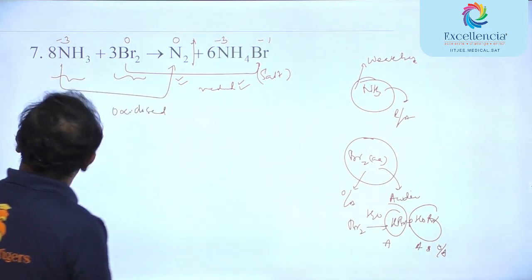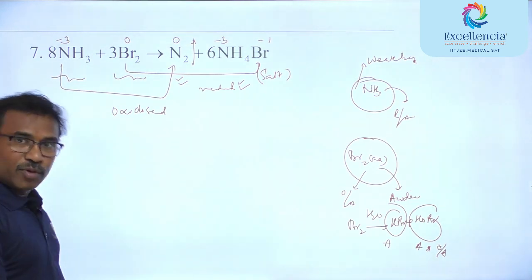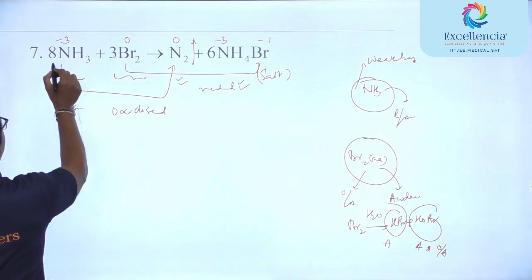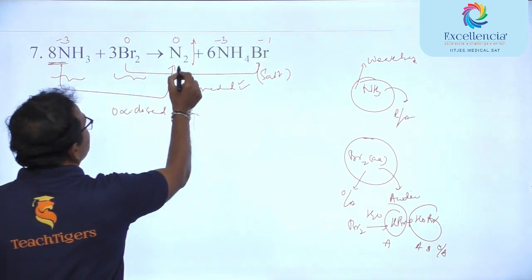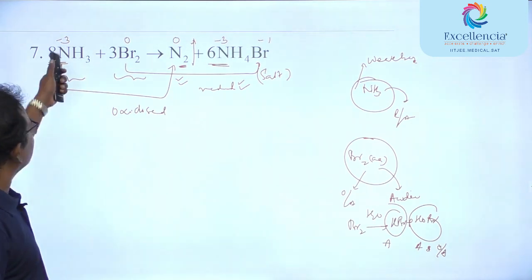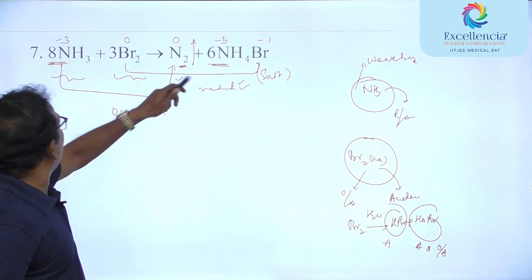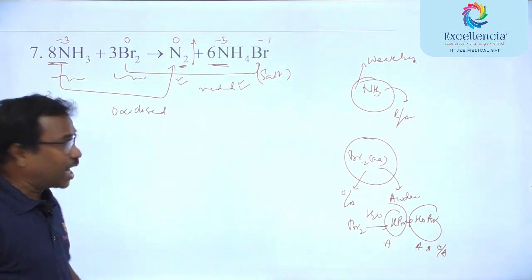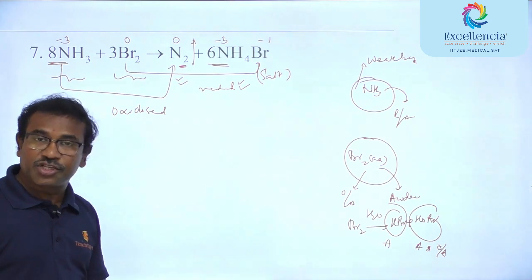However, what else? If you look at the moles of nitrogen, here you have 8 nitrogen atoms, and here you have 2 and here you have 6. This implies out of 8 nitrogen atoms, only 2 got oxidized and 6 are the same. The oxidation number did not change.